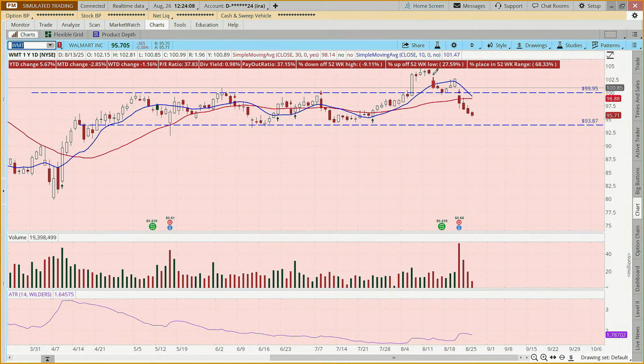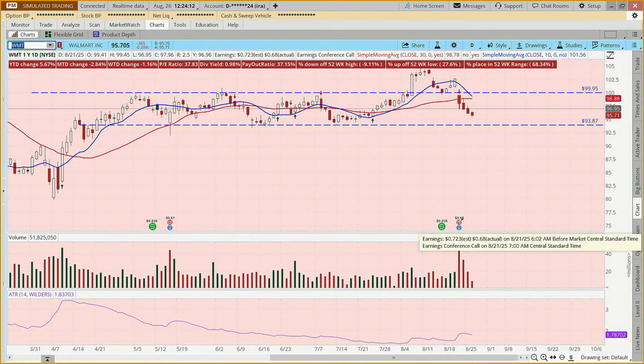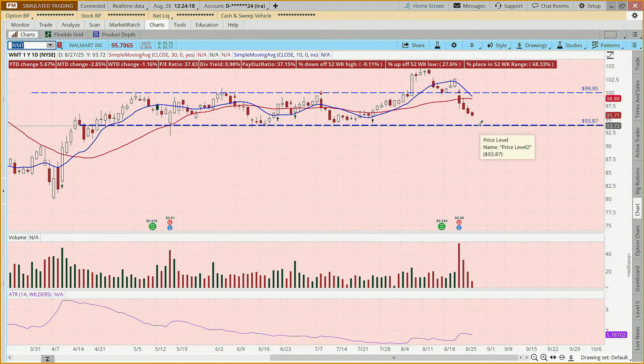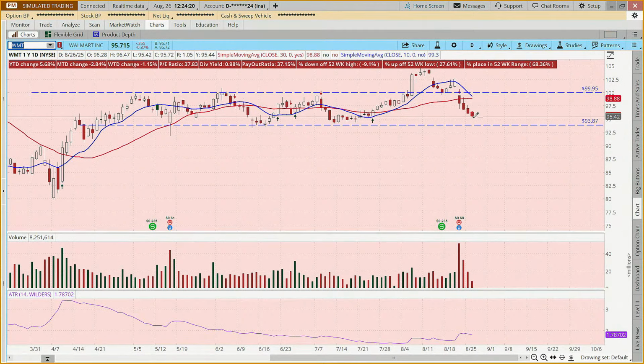So it turned out this breakout was more of a fake out. And it looks like they missed a bit on earnings. So now the question is, will this support level continue to hold? Sometimes we have these breakouts and they don't quite work. So there is no plan that is infallible.